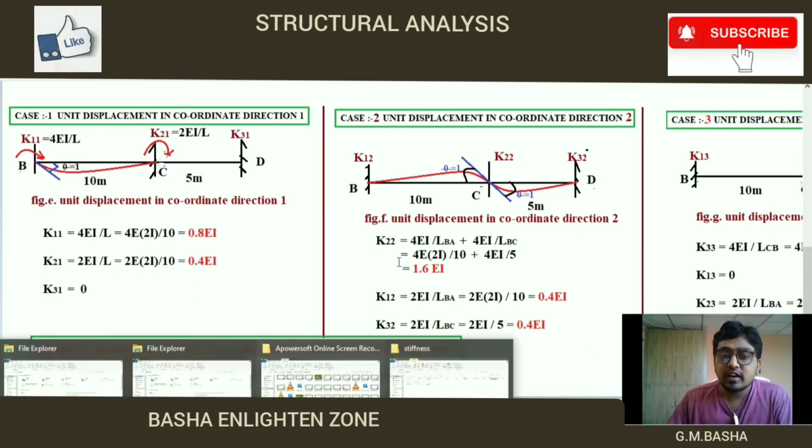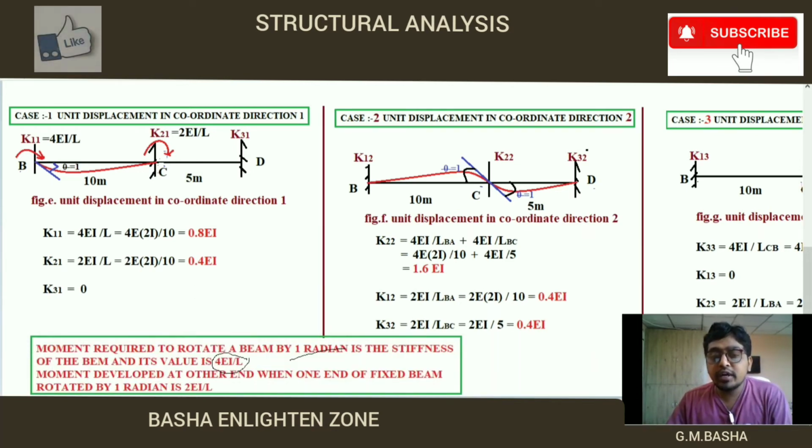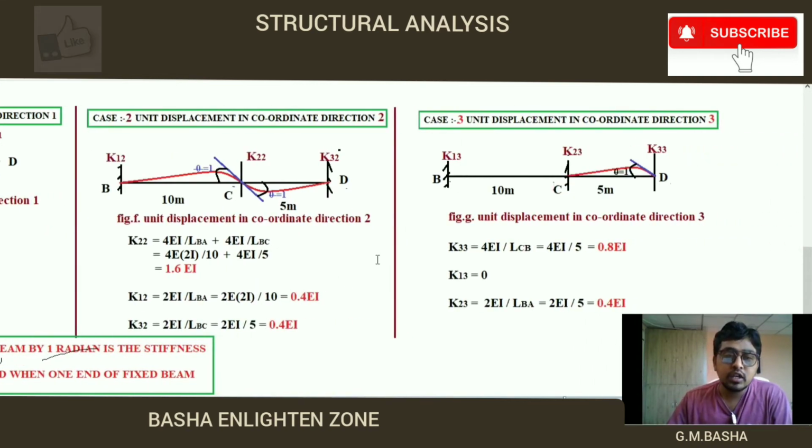Then move to the next case, unit displacement in coordinate direction 2. So by maintaining fixity both at B and D, we are releasing the structure at C and applying unit moment at C. So that is K22.